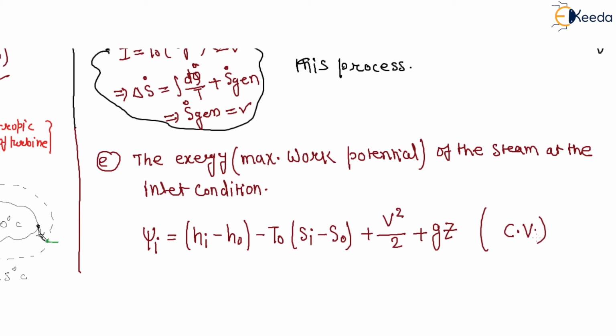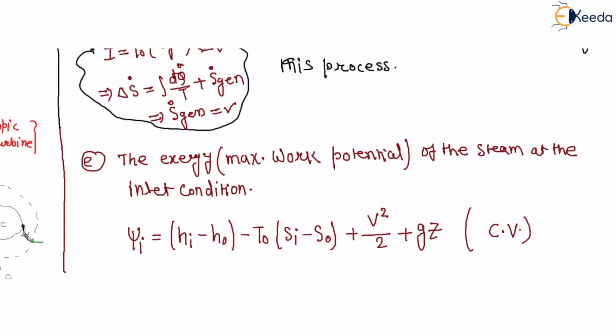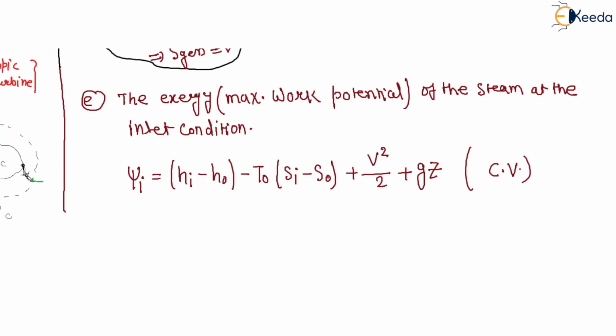And if you write in note form, what is the exergy? Psi. So there is a note, there is a 1. So what is psi 1? Exergy at point 1. This is not Hi, this is your Ui. So this is denoted by phi 1.